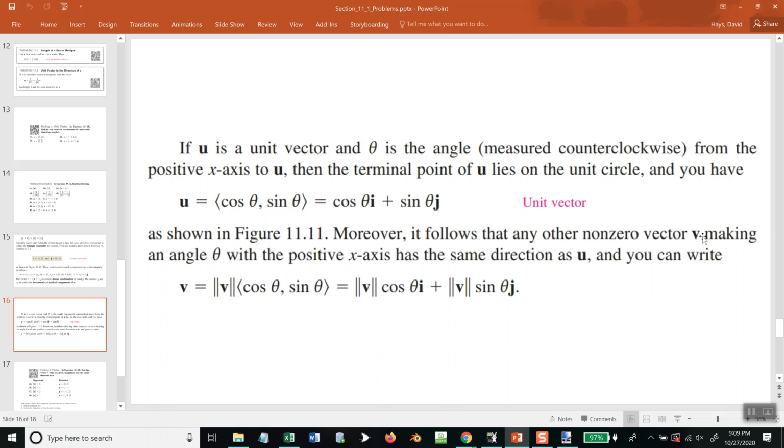Moreover, it follows that any non-zero vector v making an angle theta with the positive x-axis has the same direction as u, and you can write it as v equals the magnitude of v times the vector cosine theta, sine theta, which equals the magnitude of v times cosine theta i plus the magnitude of v sine theta j. So different ways you could write that.